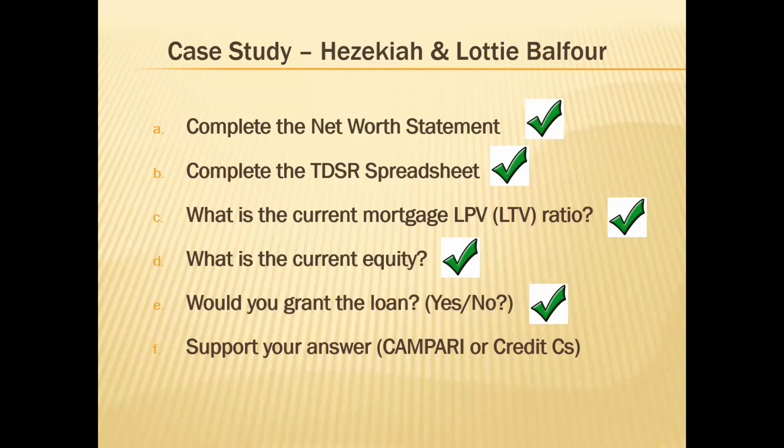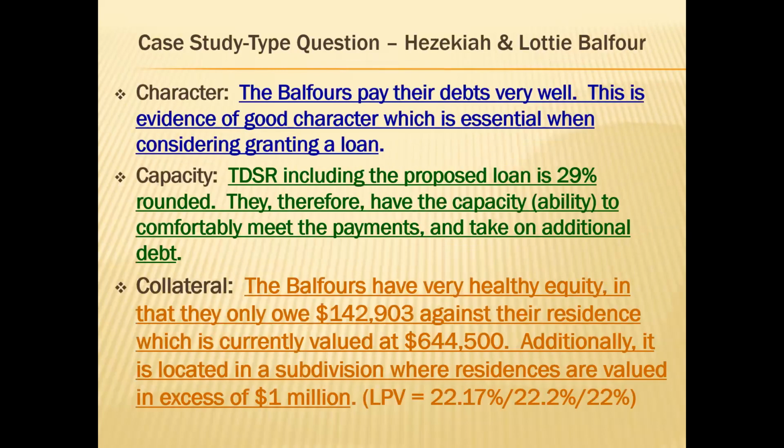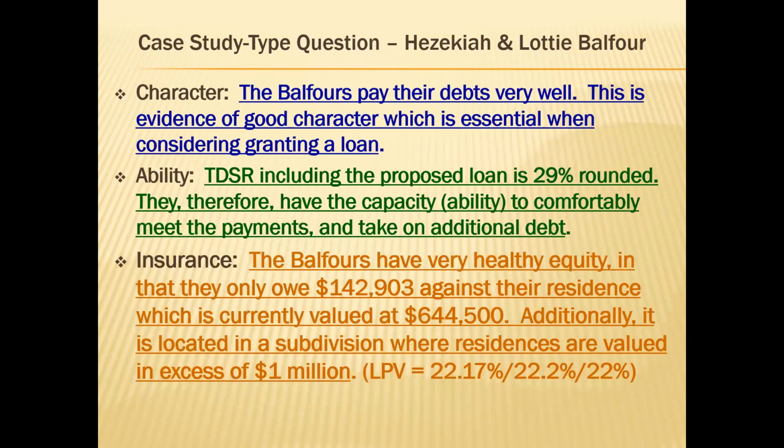So with the Balfours, what we talked about is in terms of character, capacity, collateral, or whether you use character, ability, or insurance. We were told that the Balfours pay their debts very well because you can see that from their bank statements, the loan statements, the consumer loan as well as the mortgage.